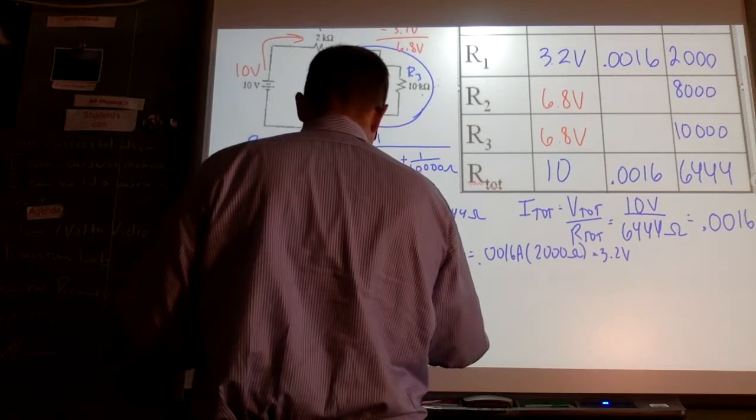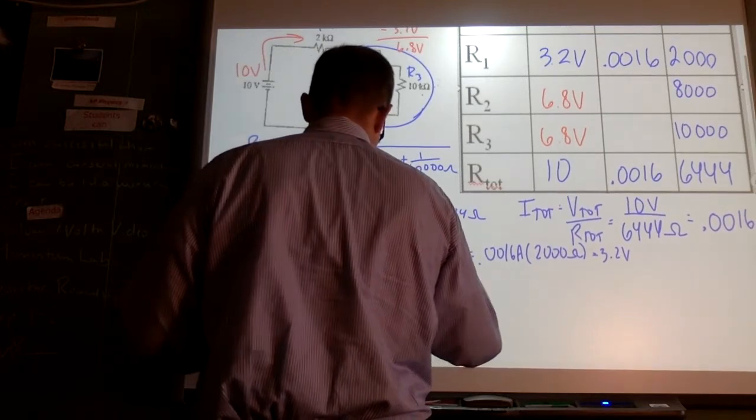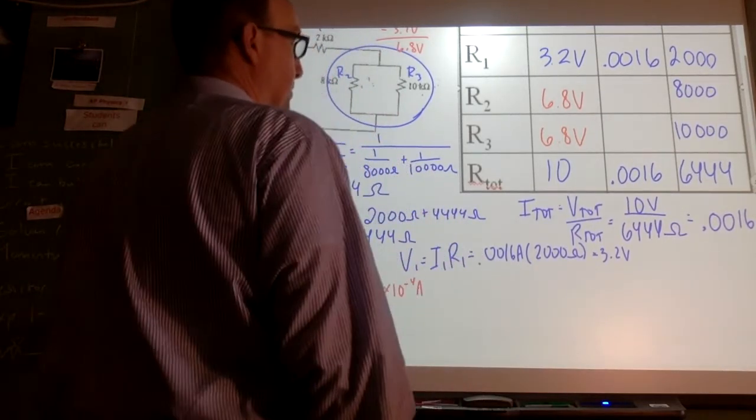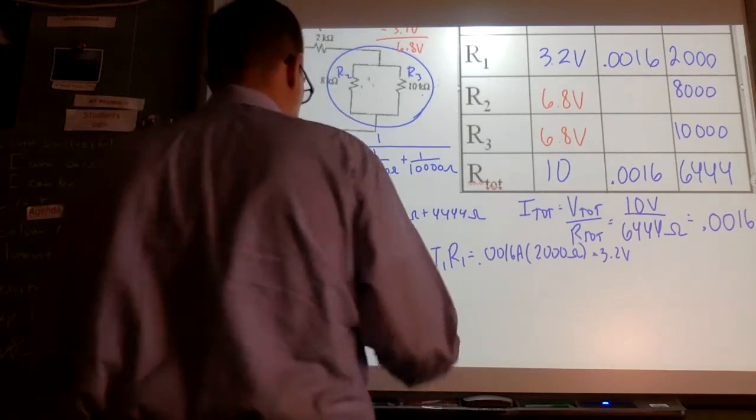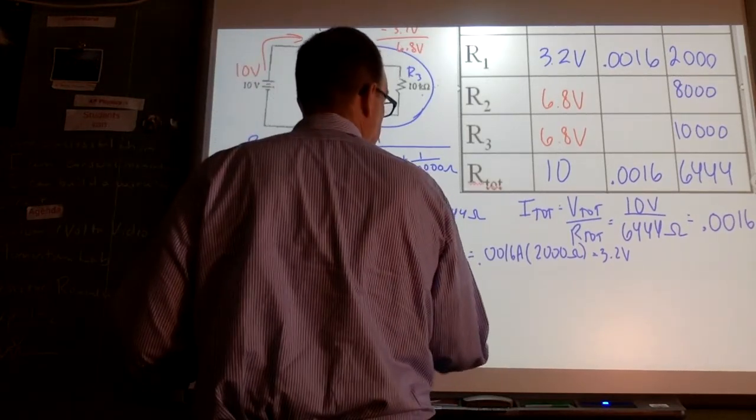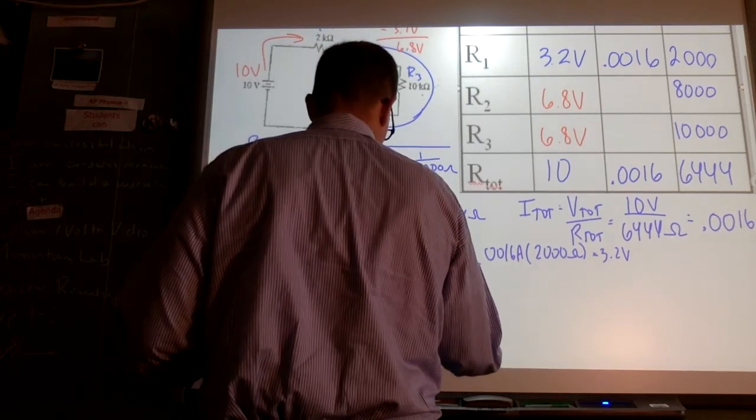Which I have 8.5 times 10 to the negative 4th amperes. So that's going to be 0.00085.